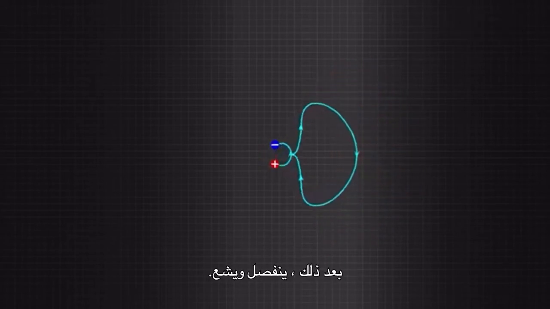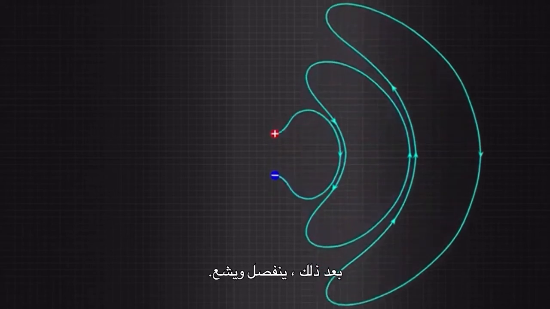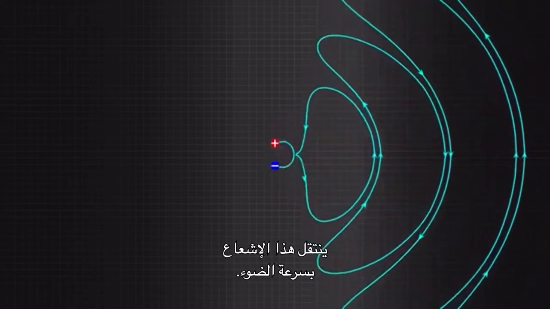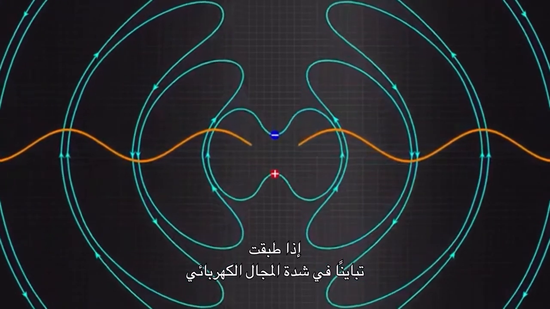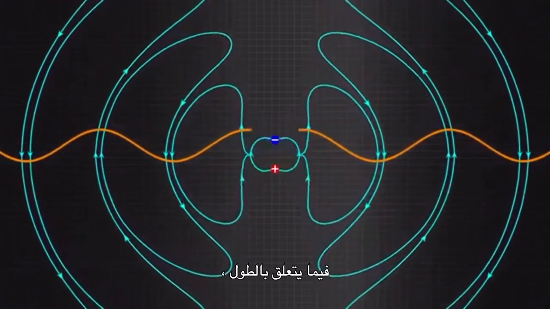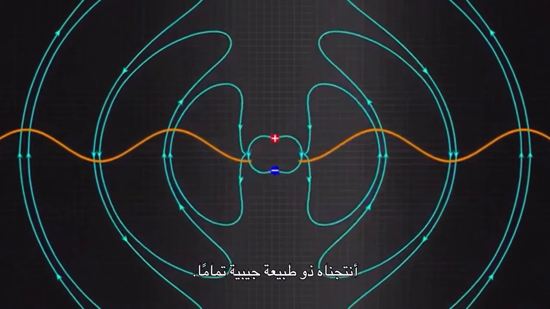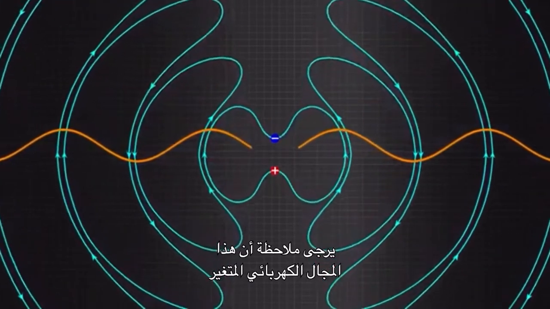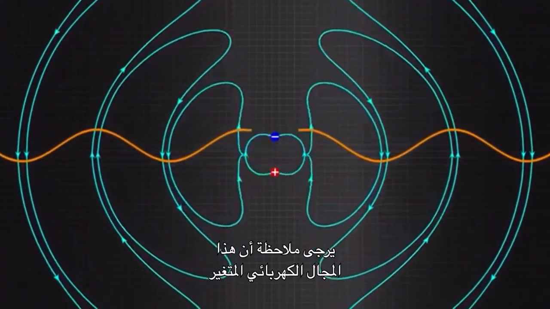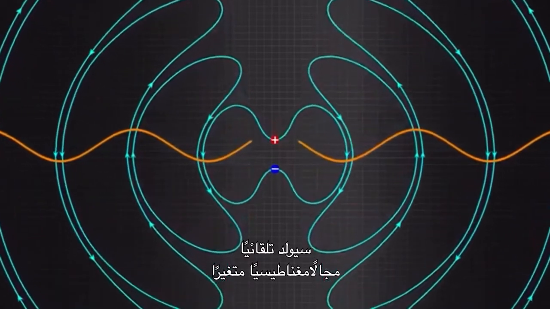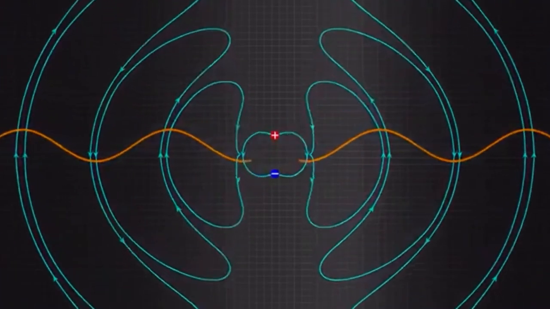After that, it detaches and radiates. This radiation travels at the speed of light. If you plot an electric field intensity variation with respect to length, you can see that the radiation we have produced is perfectly sinusoidal in nature.